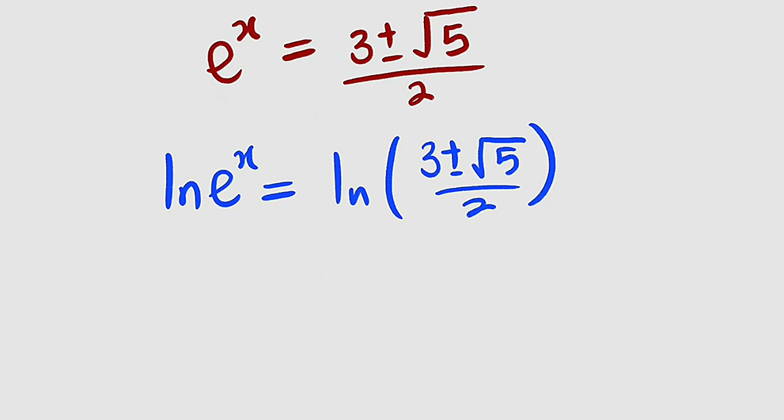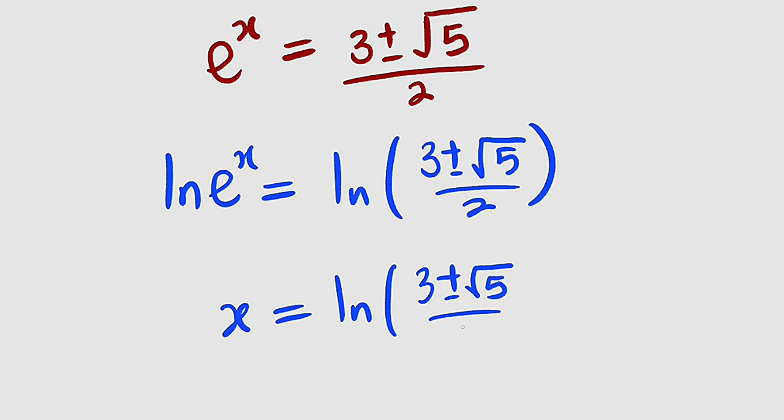From the left hand side, you're going to be left with only x, which is equal to the natural log of 3 plus or minus root 5 divided by 2. Why do I choose to go with the two values? Because both 3 plus root 5 divided by 2 and 3 minus root 5 divided by 2 are all positive numbers. And hence, this is the solution to this problem.